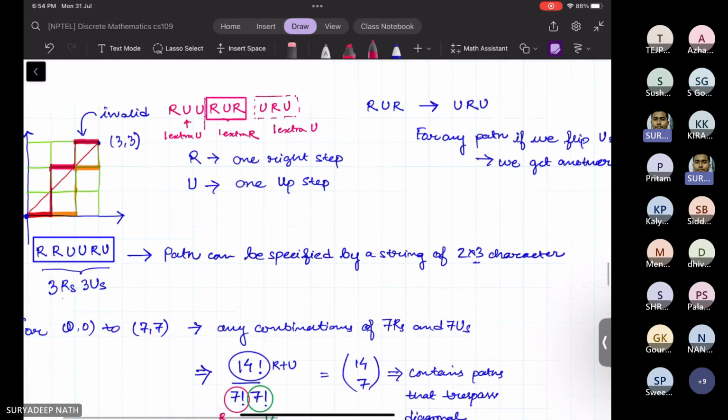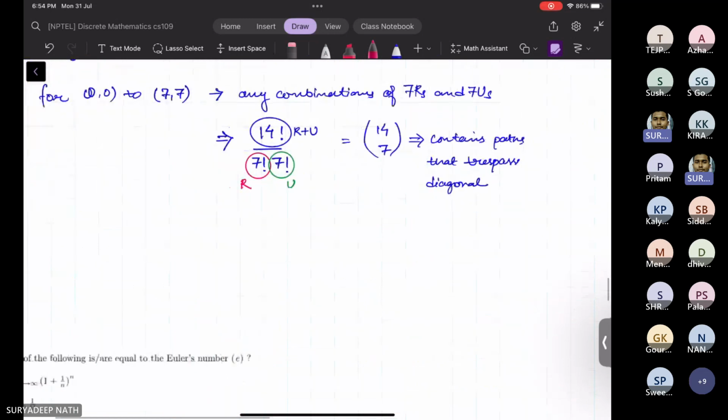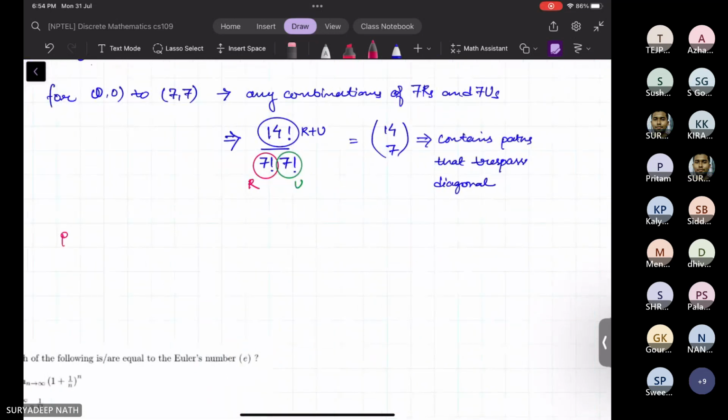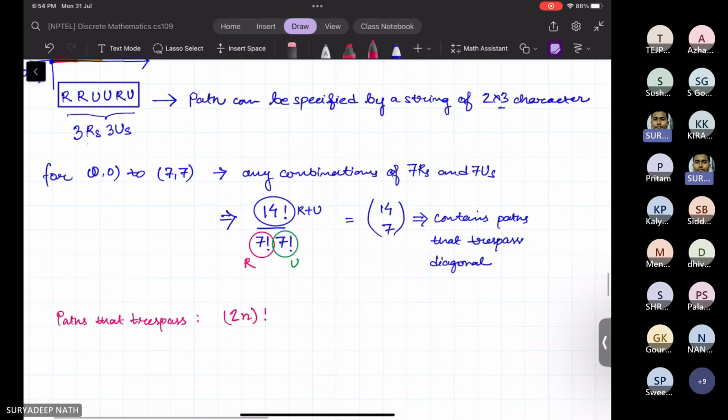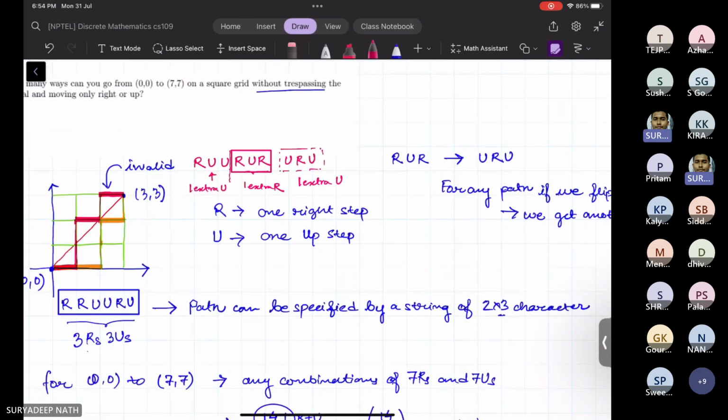So basically the path is now split into paths that trespass. We have 2n factorial, where n is the 3 or the 7.